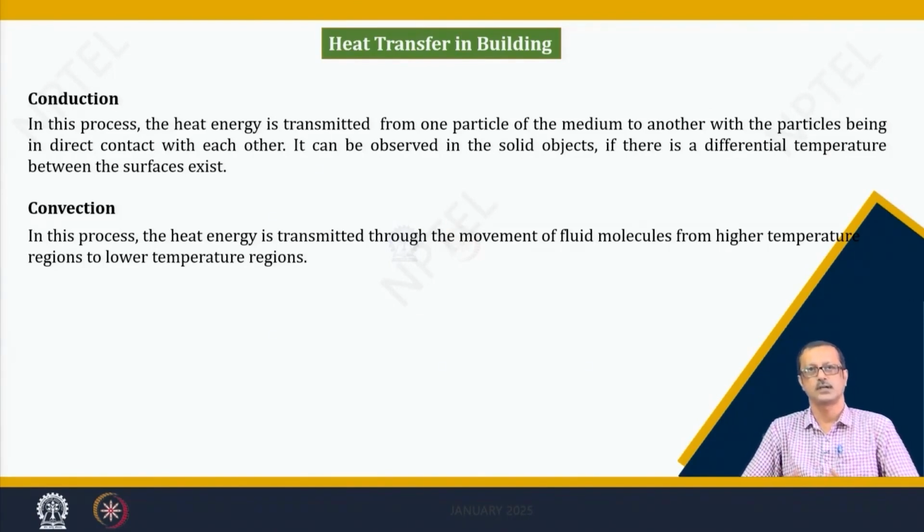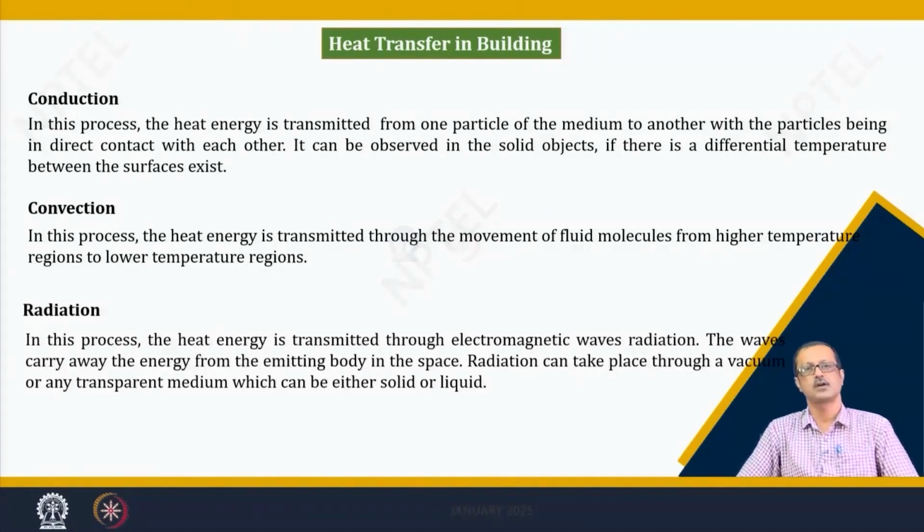Fluids include 2 types: a gaseous medium, mostly air in our case, or sometimes water or any kind of liquid medium. Any heat exchange through a window because of natural ventilation, or any heat exchange inside the building because of air conditioning, or if you just run a ceiling fan or a stand fan, is a convection of heat from one place to another because of the movement of air carrying that heat.